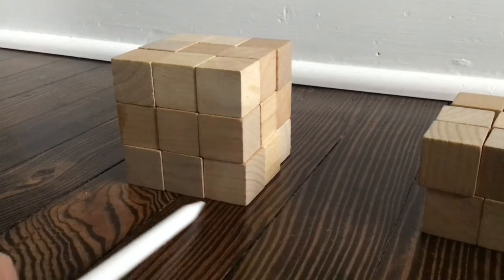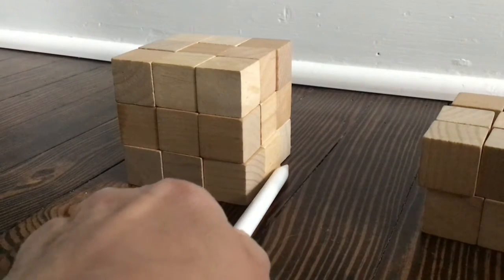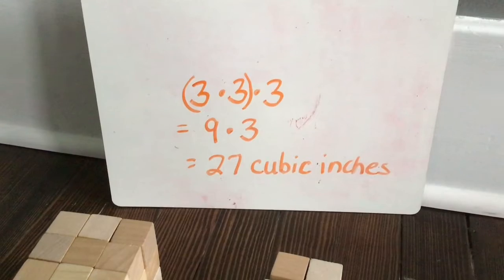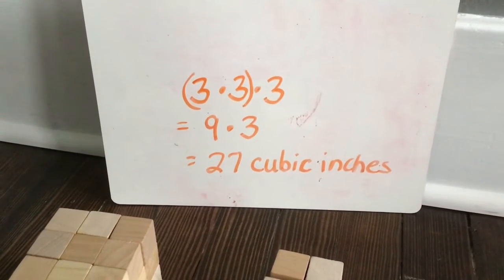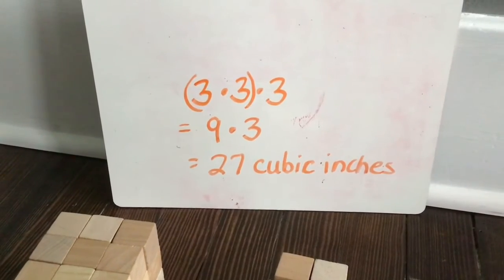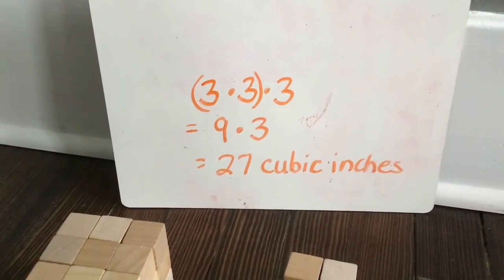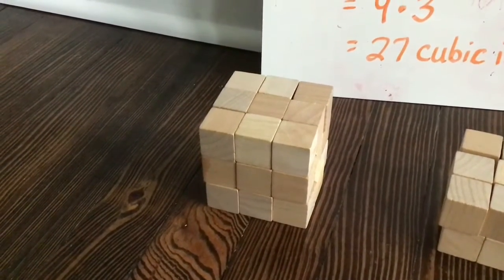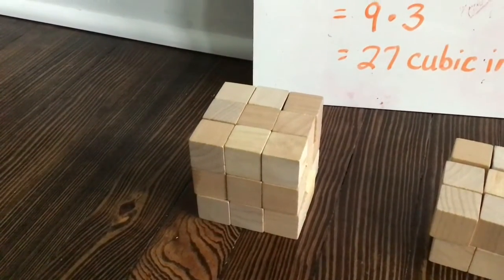That would be 3 times 3 times 3. So 3 times 3 times 3 is the same as 9 times 3, or 27 cubic inches. This part of the figure is 27 cubic inches.